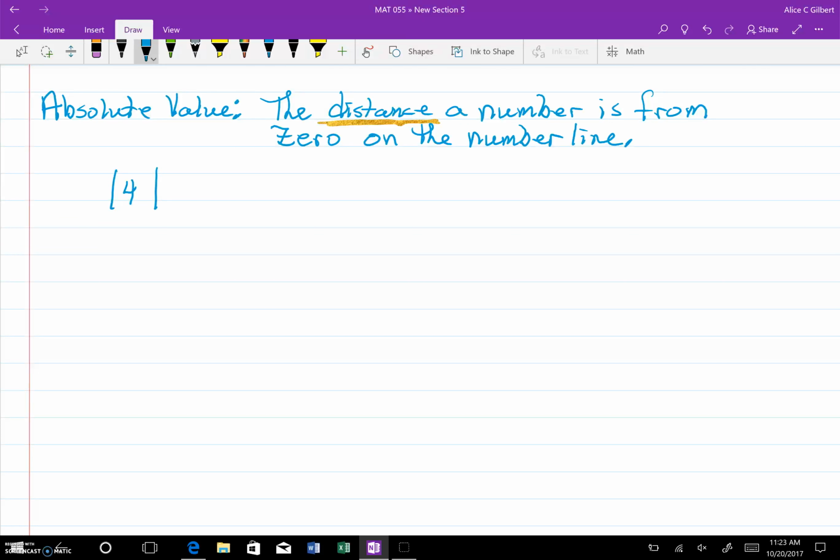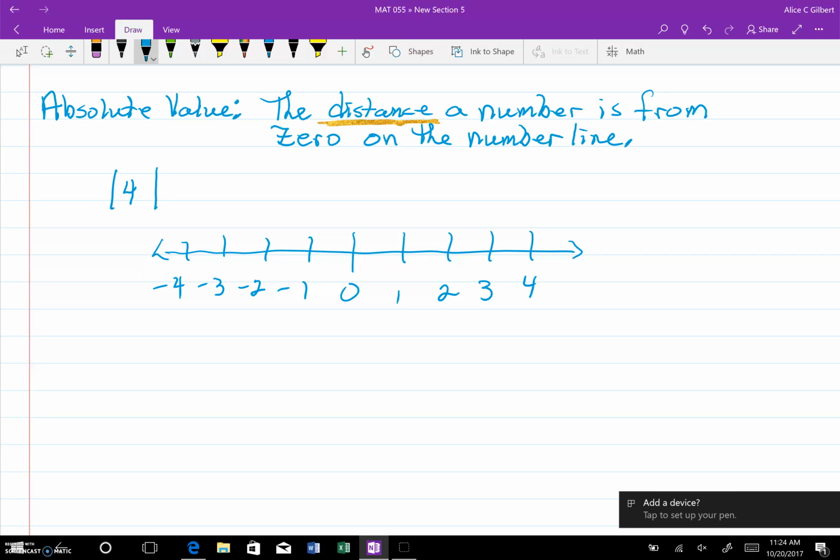And so if I have the absolute value of 4, what that means is go to 4 on the number line, and how many spaces does it take you to get back to 0?